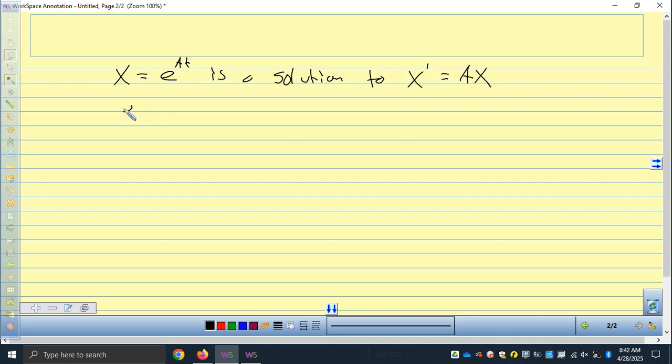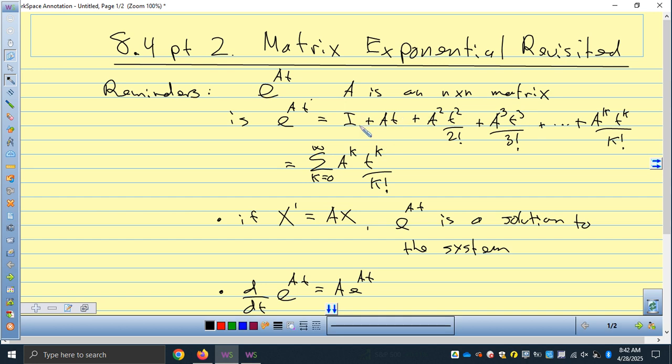And e to the A times 0 is the identity matrix. We can see that from the definition of e to the At. If we put in t equals 0, we just get the identity matrix.